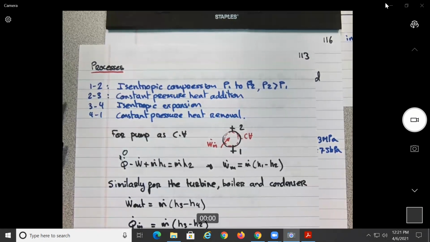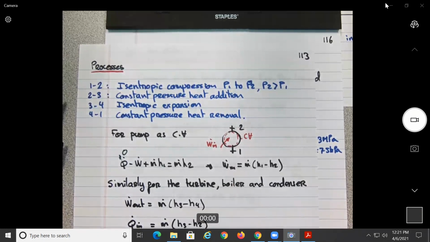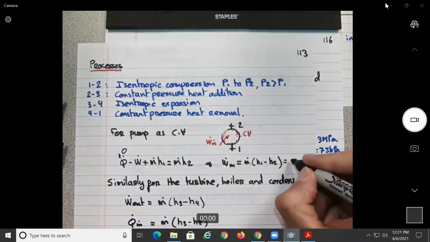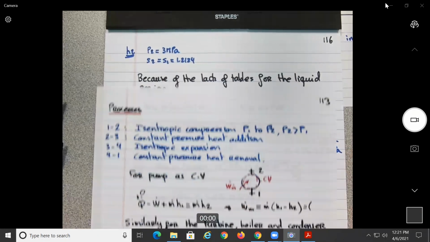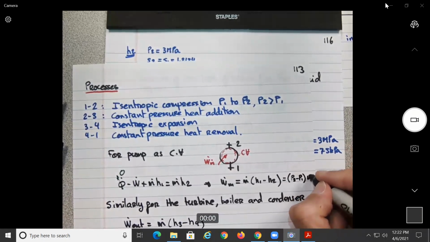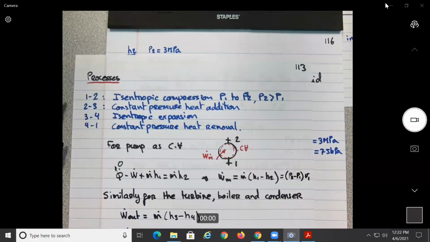Okay, so power in on the pump, we could say was equal to what? This should be more or less equal to, what did we use over here? P2 over P1 times V1.